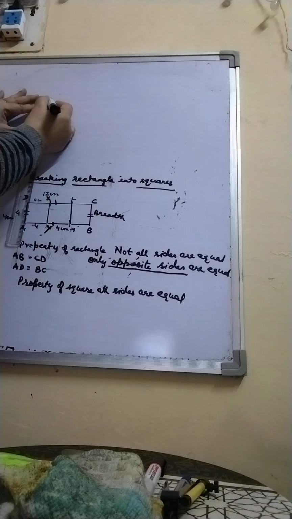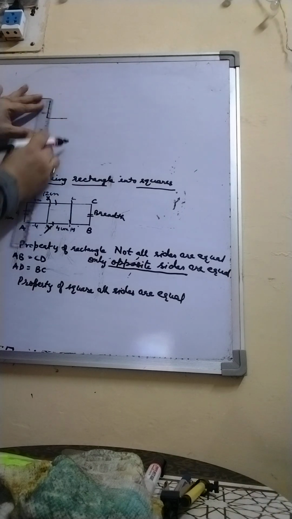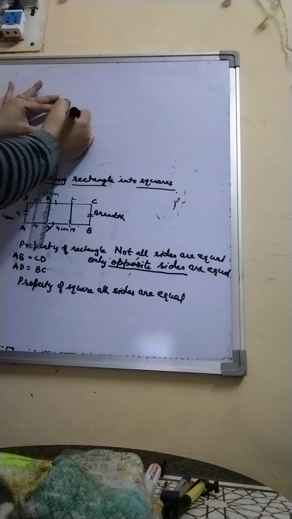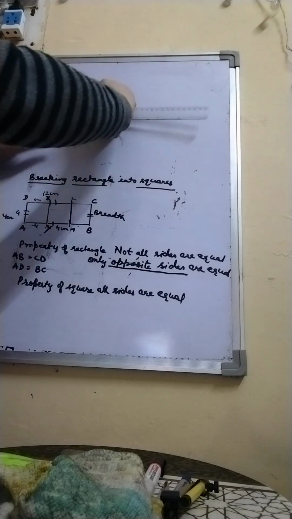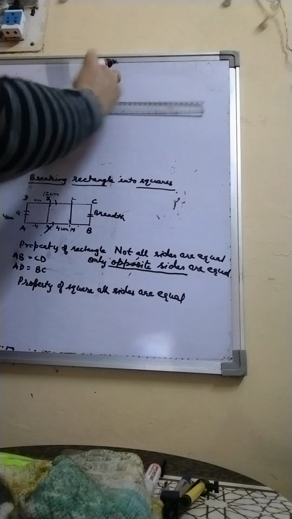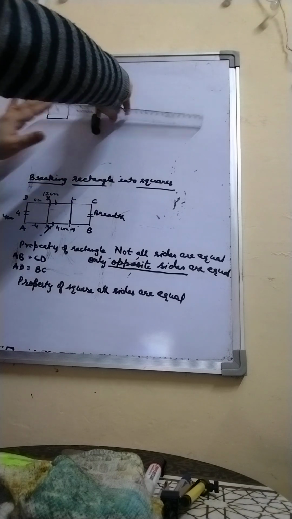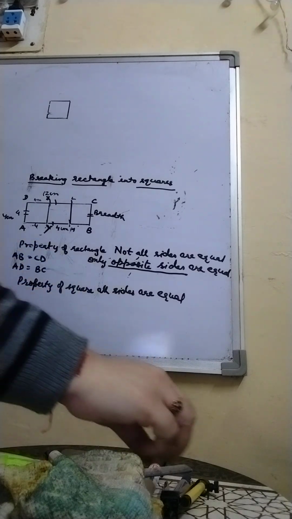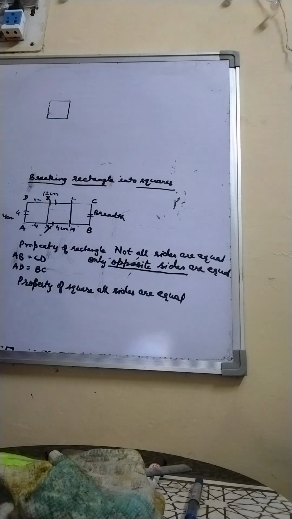So square sides are equal, so all the sides would be 4 centimeter, and you get it as 4 centimeter. Okay, now you have to create one more identical square out of this square, just one after other. So what would you do?